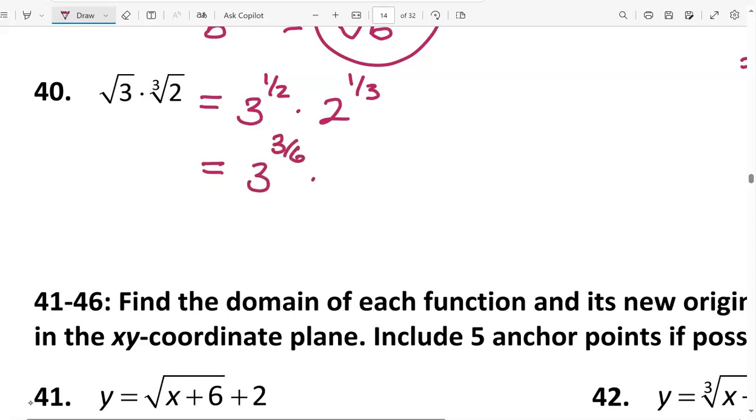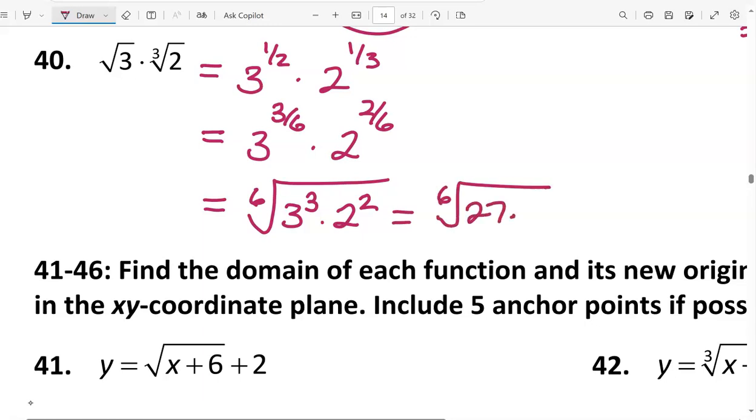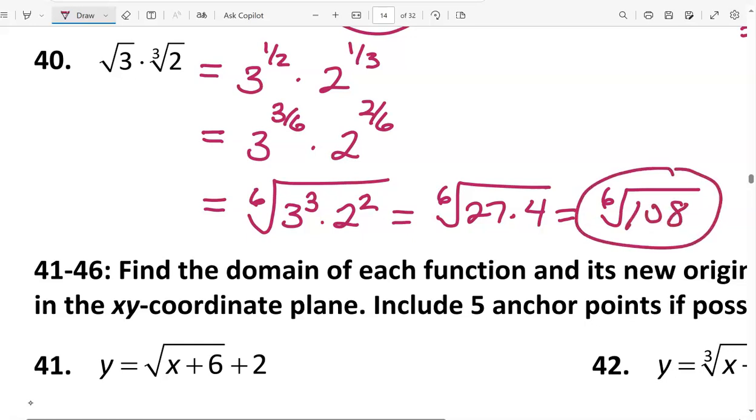So 3 to the 3/6 times 2 to the 2/6. And so that becomes a 6th root of 3 raised to the 3rd power times 2 raised to the 2nd power. So that is the 6th root of 27 times 4, which is the 6th root of 108 in simplified form.